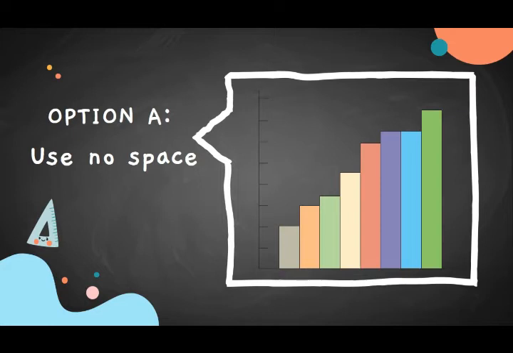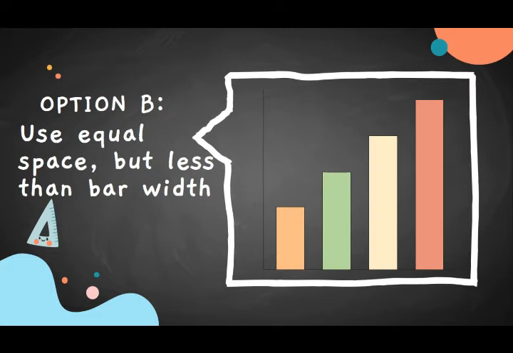Usually, we use option A when there are close comparisons or many bars, so that the differences are easier to grasp. We also have option B, use equal space but less than bar width. You can use option B when bar height differences are great enough to be seen in spite of the distance between bars.